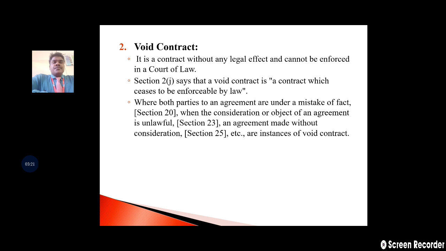Section 20, when the consideration or object of an agreement is unlawful. Section 23, an agreement made without consideration. Section 25, etc. are instances of a void contract.